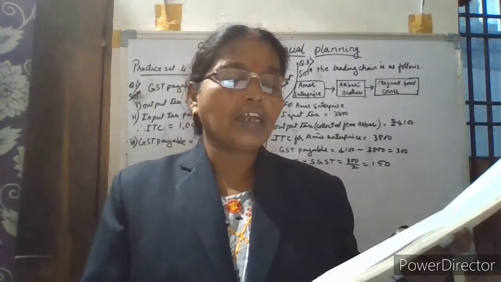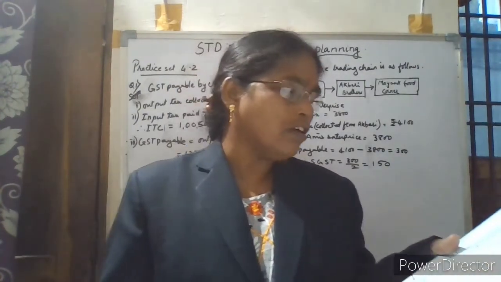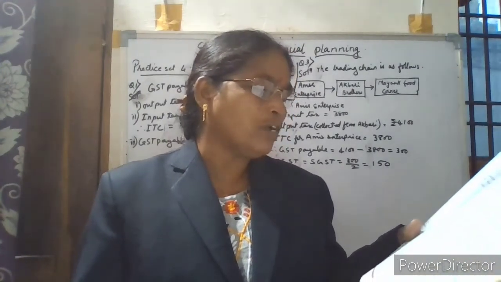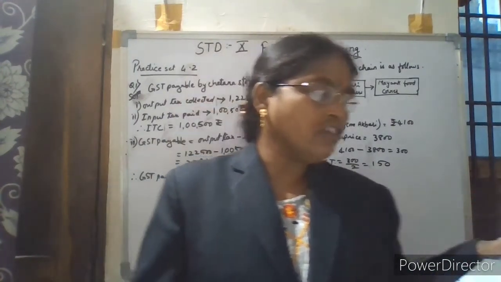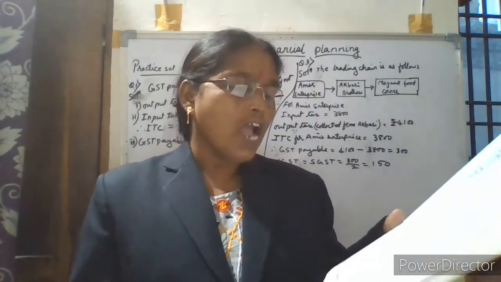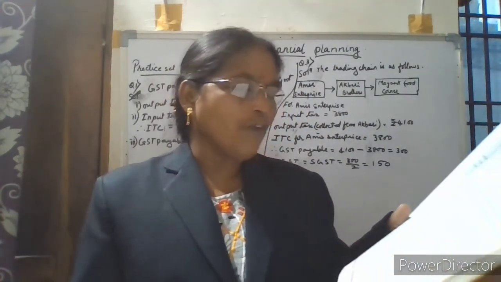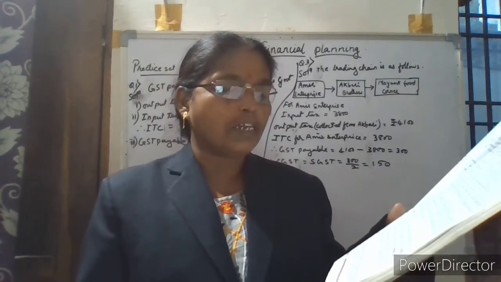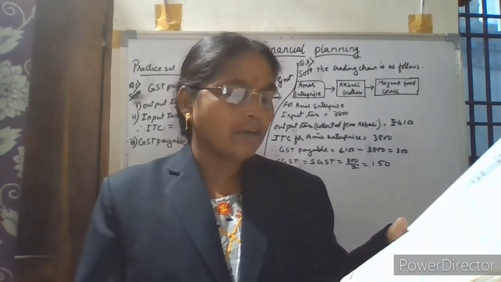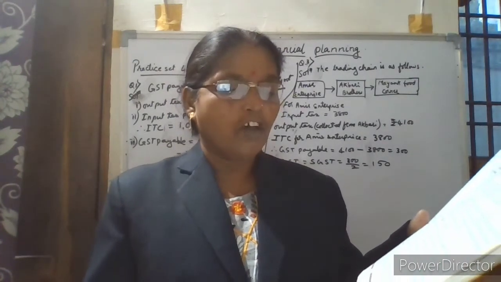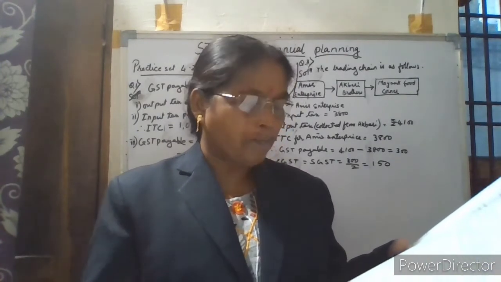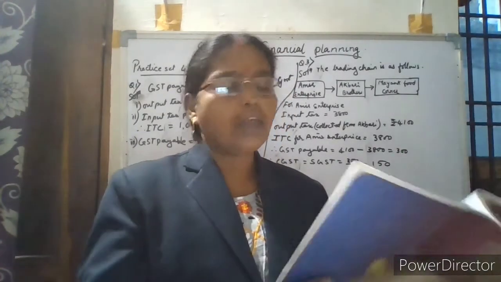This deduction of input tax is called input tax credit. So GST payable is equal to output tax minus ITC. In short, while paying tax to the government, each trader in the trading chain subtracts the tax paid at the time of purchase from the tax collected at the time of sales and pays the remaining tax.